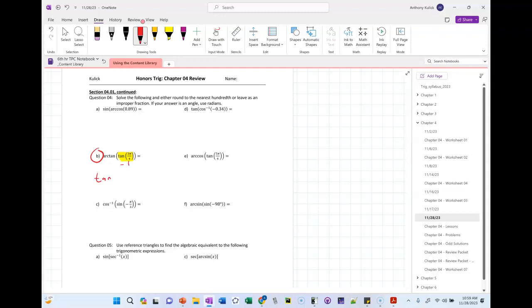So I have tan inverse of negative 1. Now, are we given an interval to solve over? No. So we're going to use the range for the tan inverse function, which I remember is negative pi over 2 to positive pi over 2.